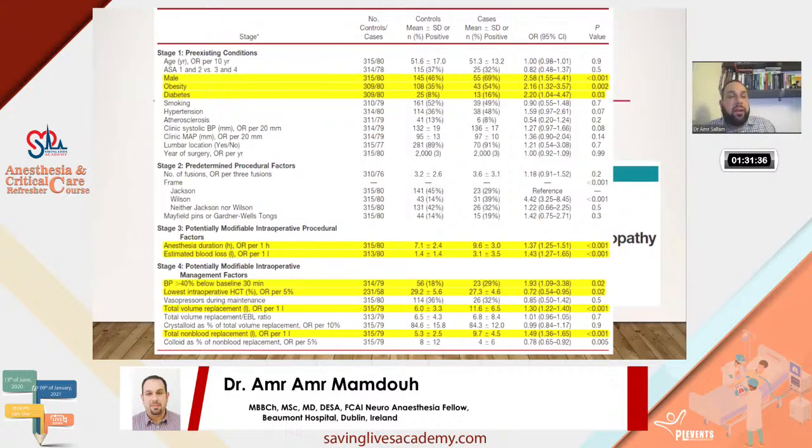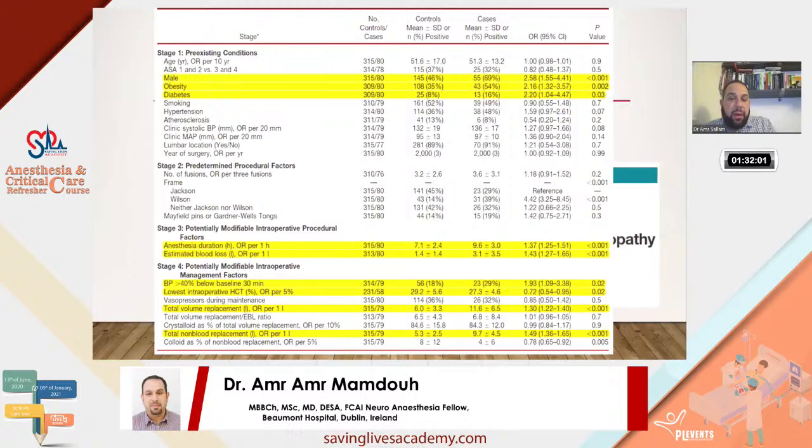The non-changeable ones are that male patients are at higher risk, obesity, and patients with diabetes. But there are other factors that can be changed, which are the anesthesia duration and estimated blood loss.